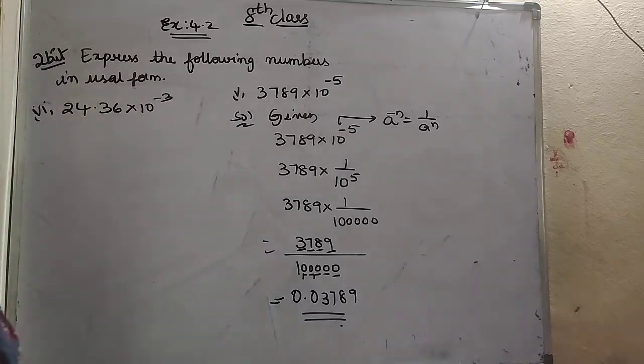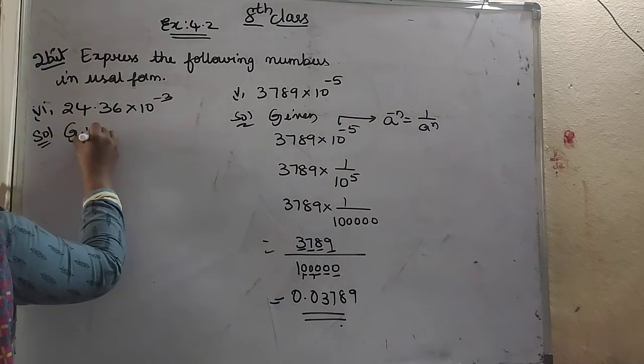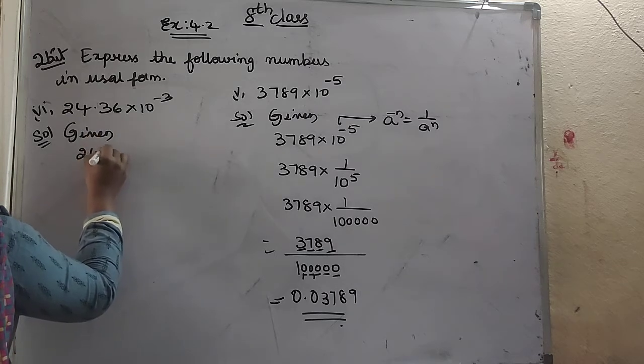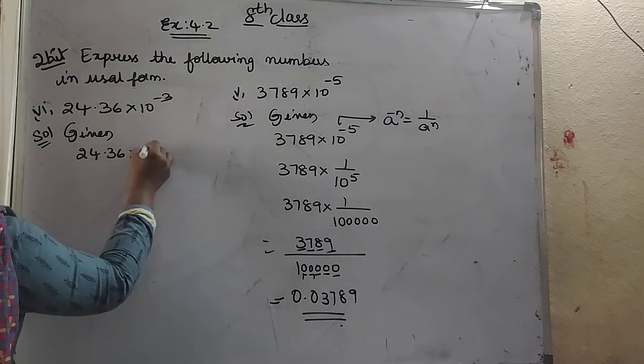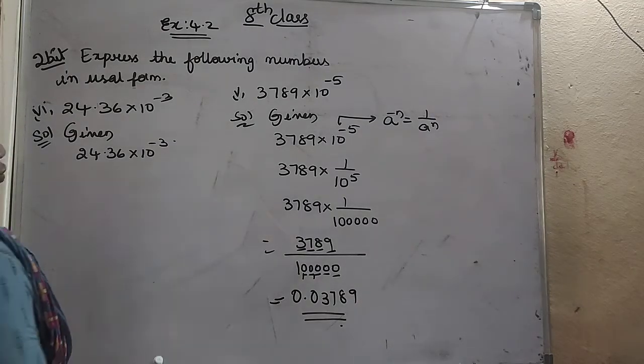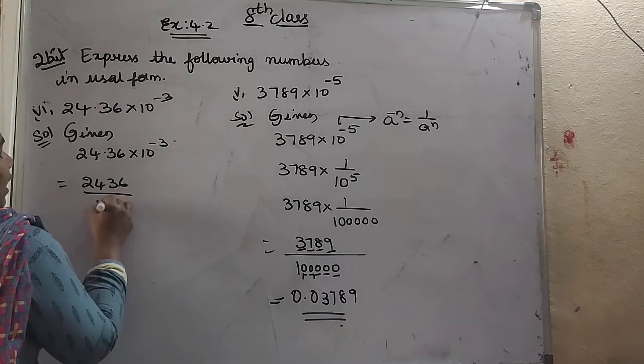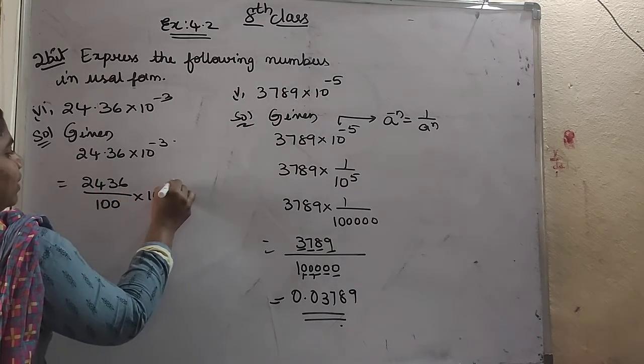The power is negative, so the value will be a smaller number. Given 24.36 into 10 power minus 3. After the point you have 2 digits, so in the denominator we have to place 2 zeros. That is 2436 by 100 into 10 power minus 3.